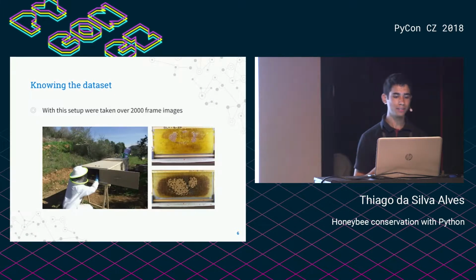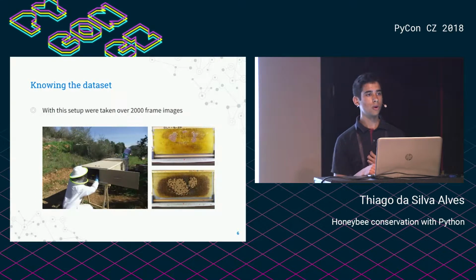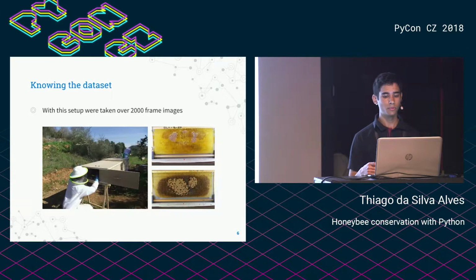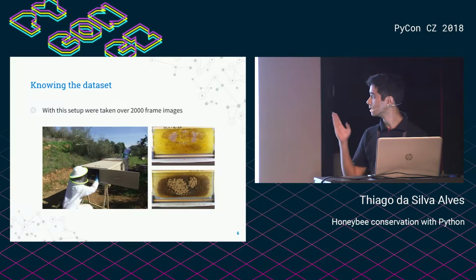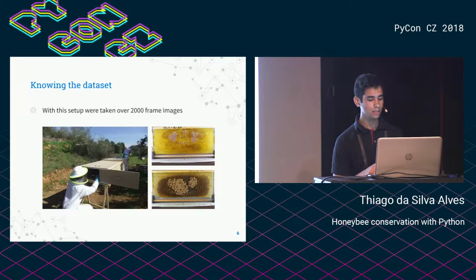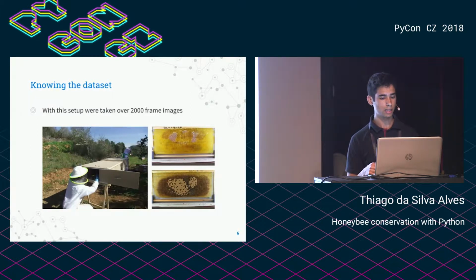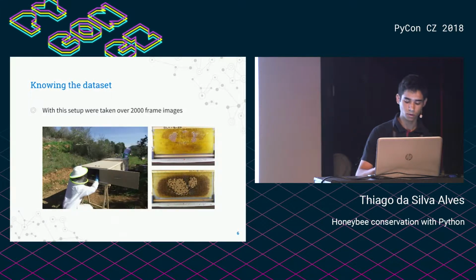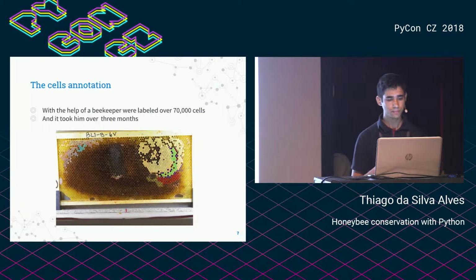So, knowing the data set that they gave to me: to create the data set, they used a tunnel like this, and they took over 2,000 photos of the frames, like this one in the images. And these were the images that I would work on. Also, they had the help of a beekeeper.